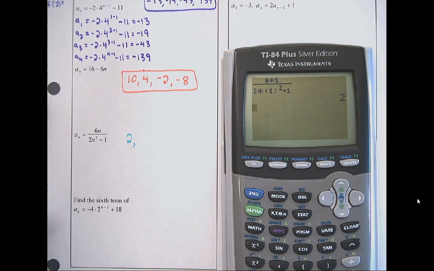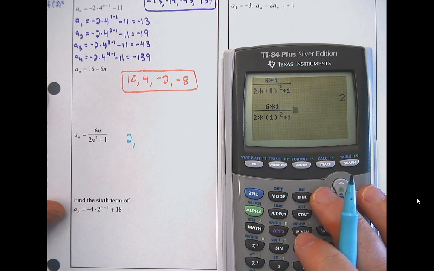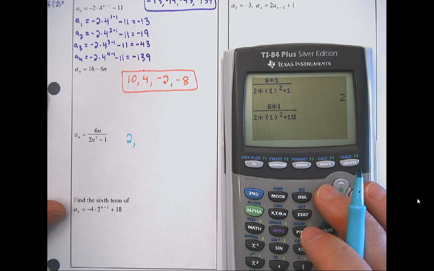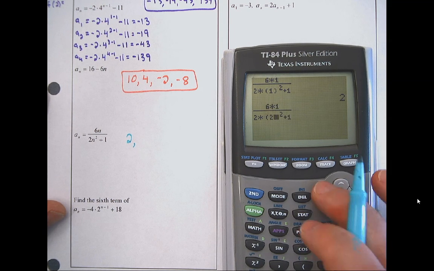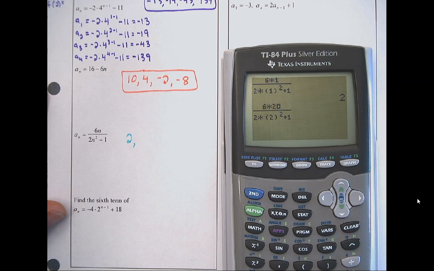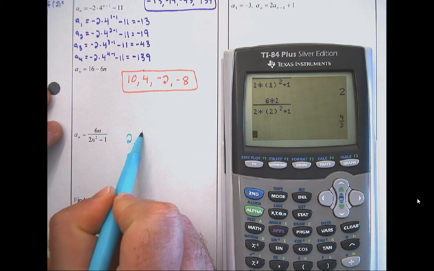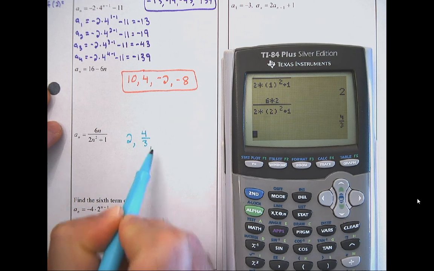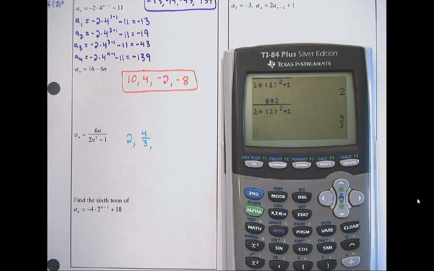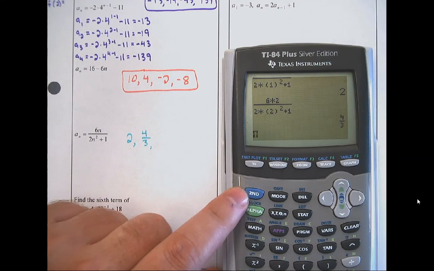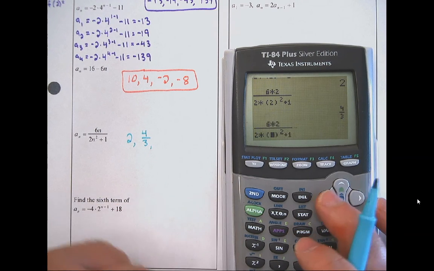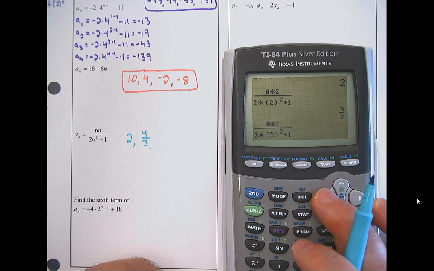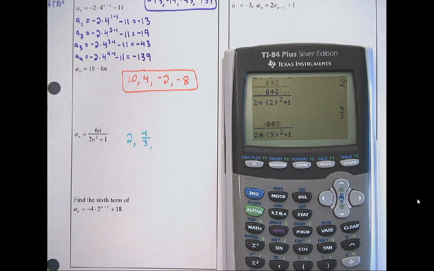2, comma. Now, I'm going to hit second enter because I can just go back and change these now. I want the 1s to become 2s where those n's were. And I get 4/3. Now, maybe you got 1.3 repeating. That's fine as long as you write 1.3 with the repeating sign. I'm fine with that. It'd be nice for you to fraction it back, but you don't have to. Then I want the third term. I'm going to go back and change the 2s to a 3.